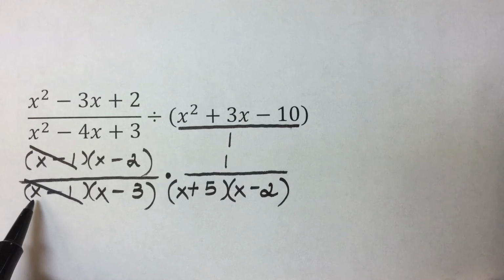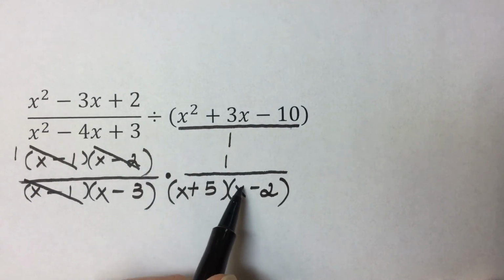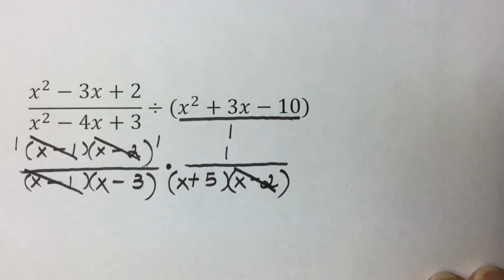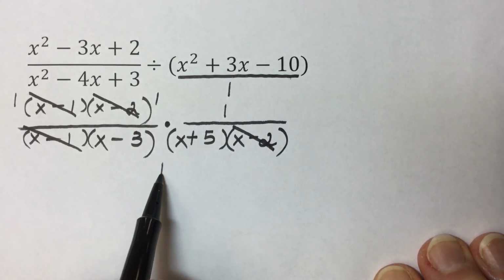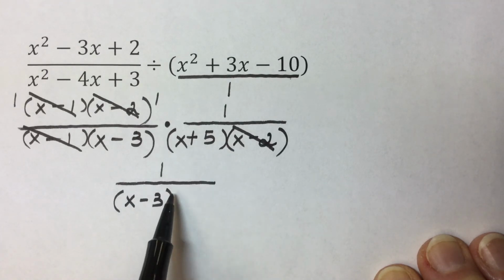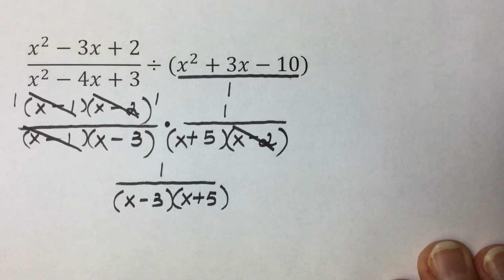And here we have the same binomial over itself, which has a value of 1, and we also have the factor of x minus 2 over itself, which is equal to 1, leaving 1 in the numerator, and in the denominator we have the factors of x minus 3 times x plus 5, and we will leave this in this form because oftentimes problems require factored form. So we don't need to multiply this back together. This is in simplified form.